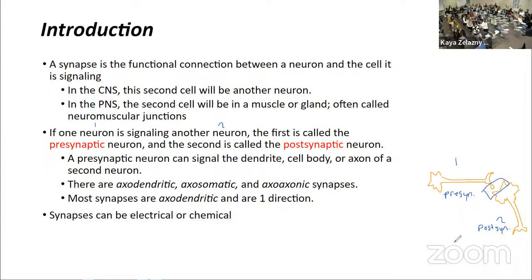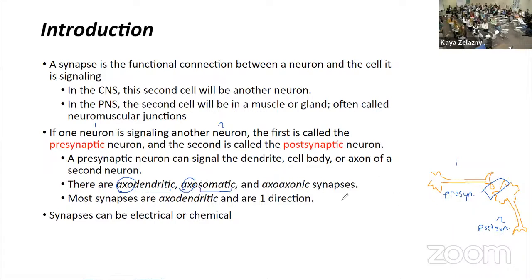If we want to name this type of synapse, we name it by location. If we're referring to a neuron that's signaling to a dendrite on the postsynaptic neuron, it's axodendritic, from the axon terminal of the first one to the dendrite of the second one. If we're signaling to the cell body, we have axosomatic.